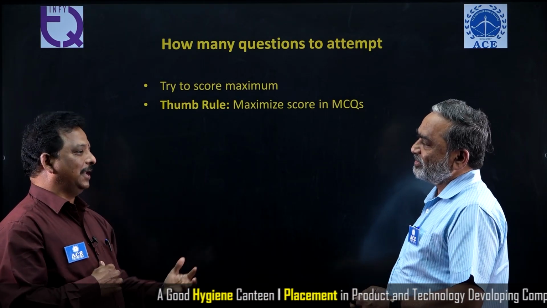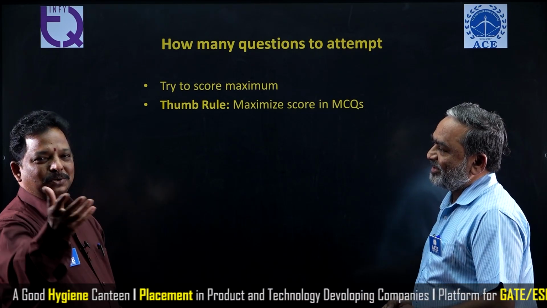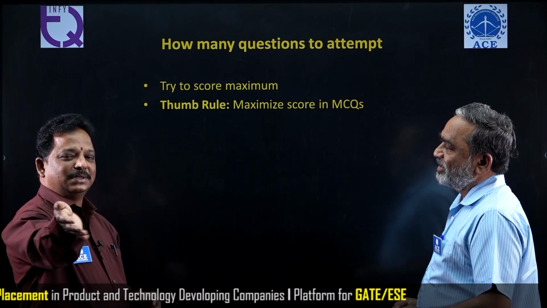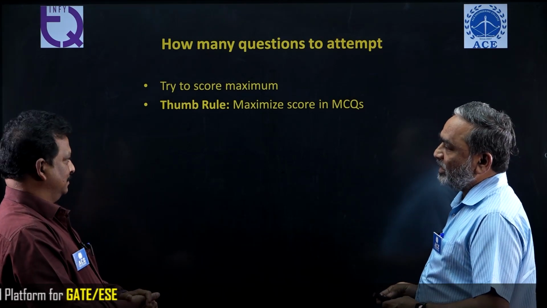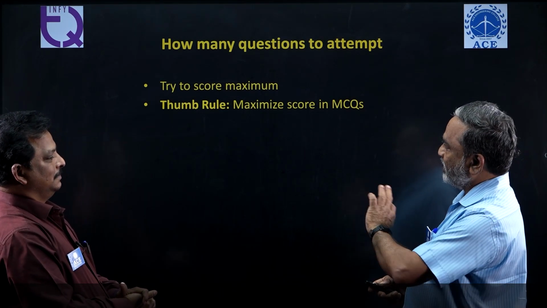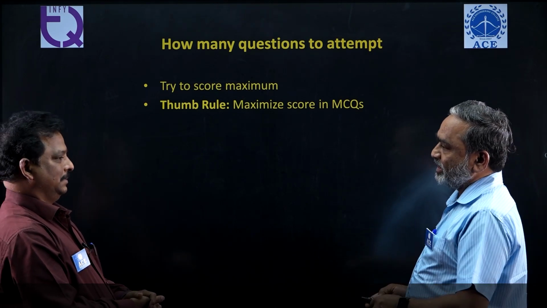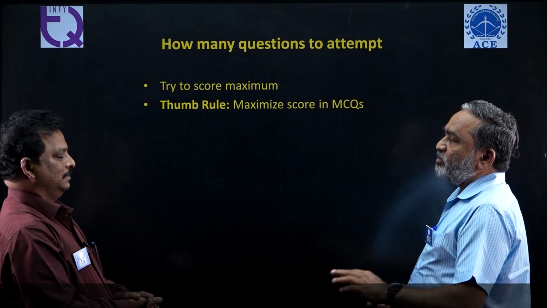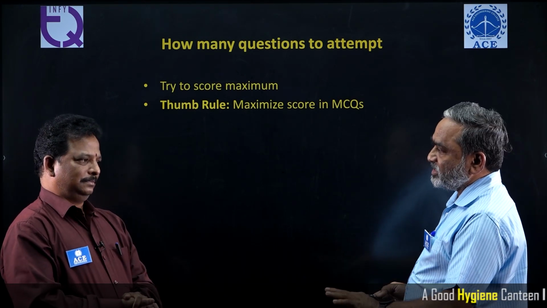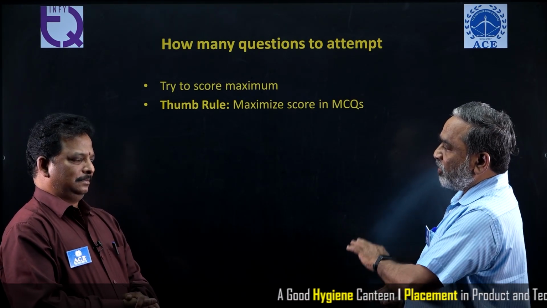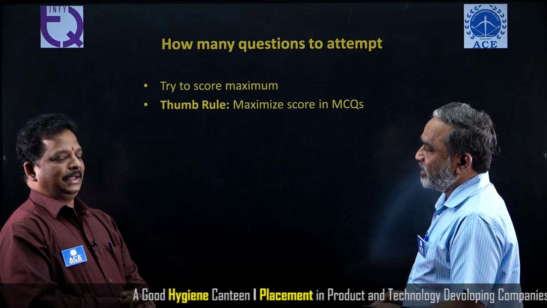If you get a maximum score in MCQs, then it is easy to score the cutoff marks in the programming question, so that overall you will get 65. When I was researching for content, one of the writers said that only if the program runs successfully for all the test cases is the coding deemed correct. Exactly.